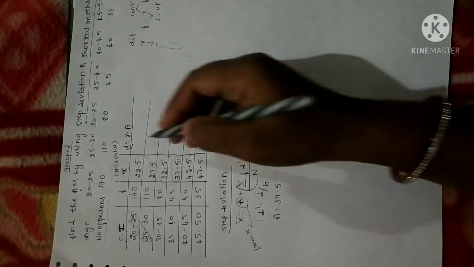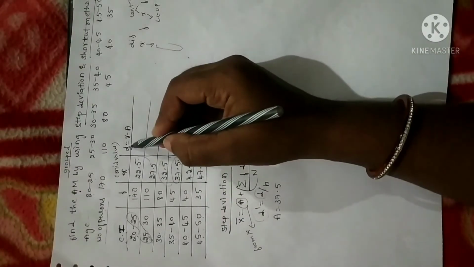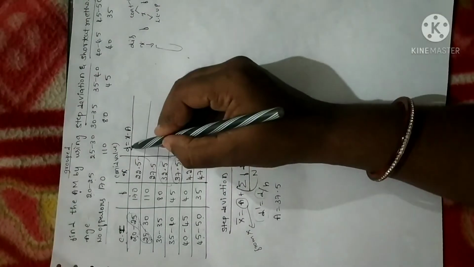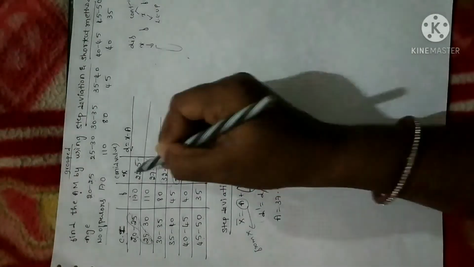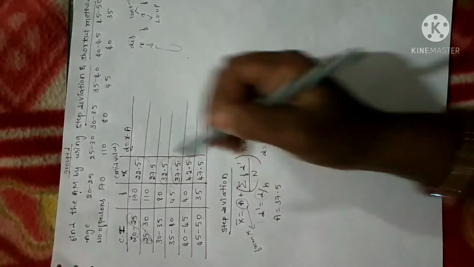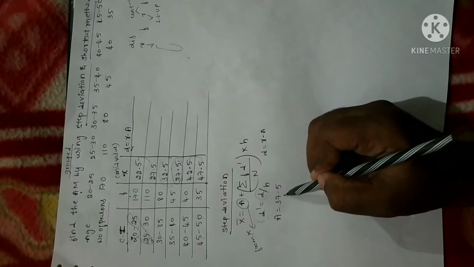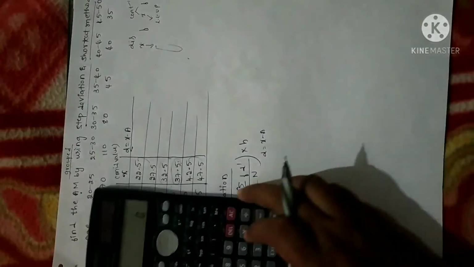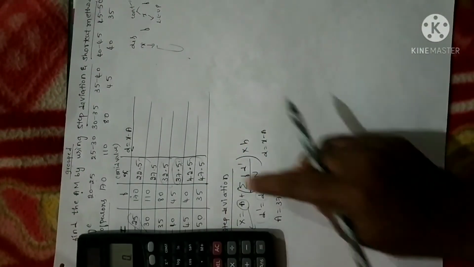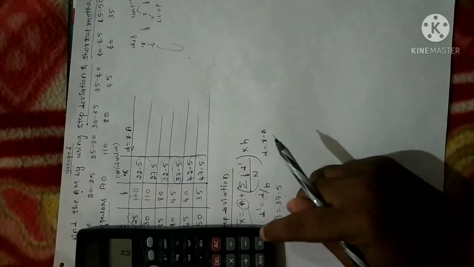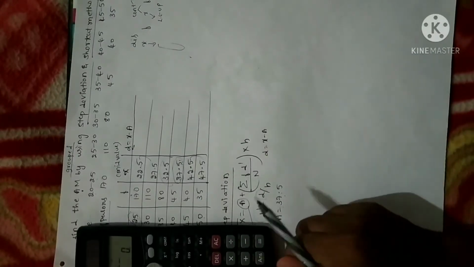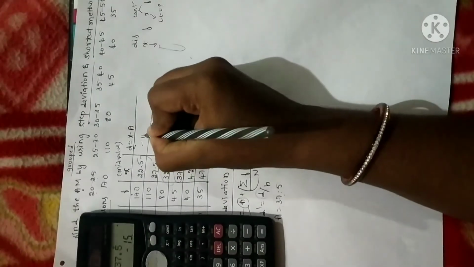Now subtract the values from X, in the sense I have to calculate D. So I have assumed A value. Now X minus A, 22.5 minus 37.5. So let me do that. D is equal to X minus A, right? So X is 22.5 minus A value is 37.5. That will give us minus 15.